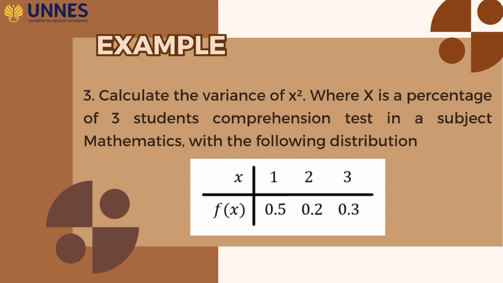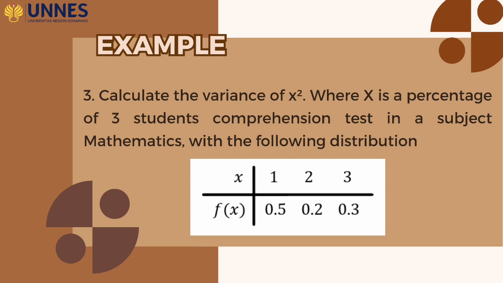Here we have x from 1 to 3, and f(x): if x equals 1, f(x) is 0.5; if x equals 2, f(x) is 0.2; and if x equals 3, f(x) is 0.3.